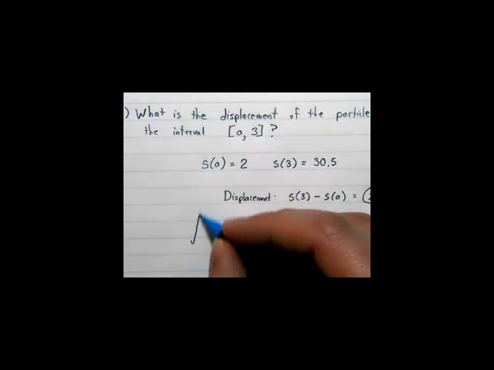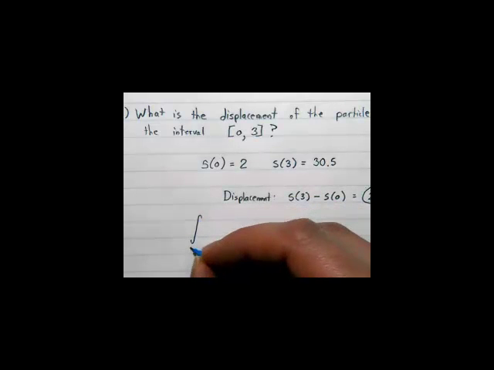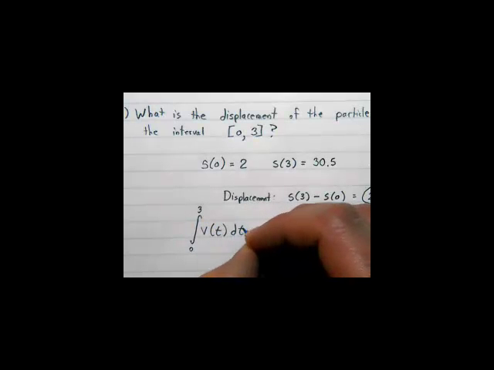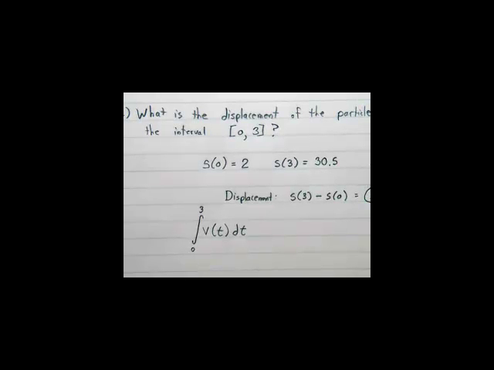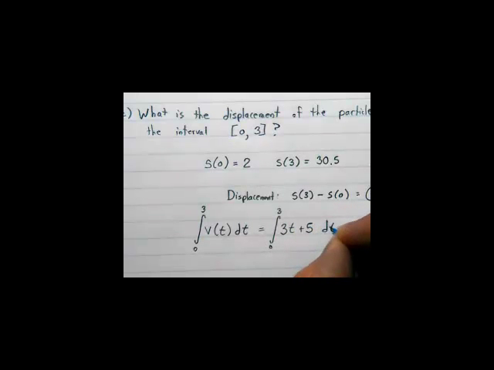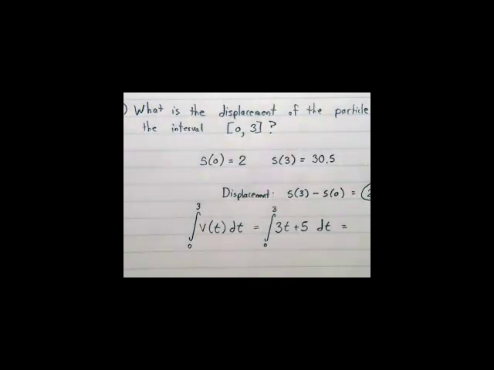It's going to be the integral from where to where? 0 to 3 of the velocity. This will also get you the answer. Okay? So it's the integral from 0 to 3 of our velocity, which was 3t plus 5. Now again, in the interest of time, if you want to just do this on your calculator, we should get 28.5 when we do this, as long as all our other math was correct up to this point.